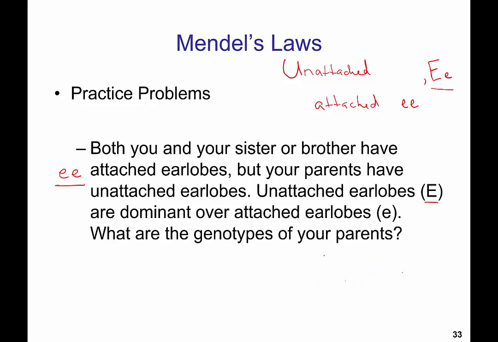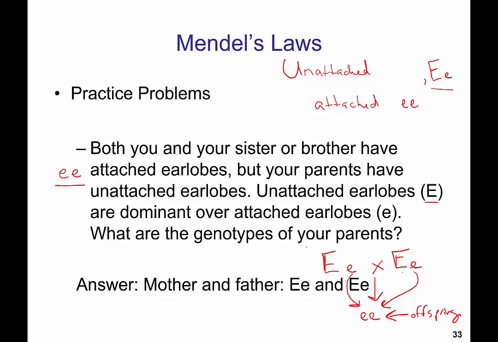Another way to show your work on a problem like this is if you had the parents represented here and the offspring represented here, you could show that these alleles can come together to produce offspring with the recessive genotype and phenotype. We'll check ourselves here too. The mother and the father both have heterozygous genotypes.